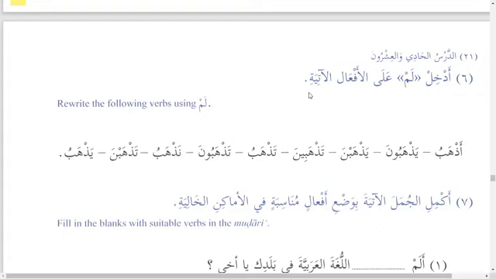Adhabu becomes lam azhab. Yadhabuna becomes lam yadhabu. Very good. Tadhabina becomes lam tadhabi. Yes, yadhabna.